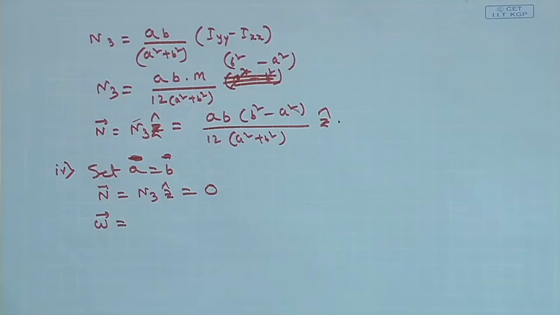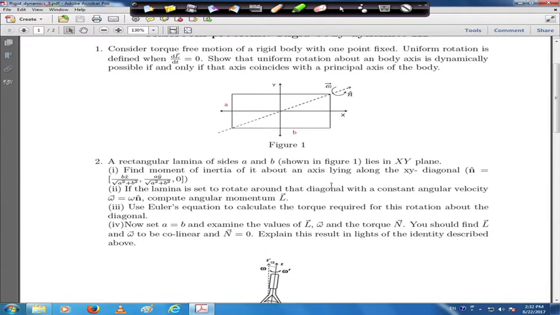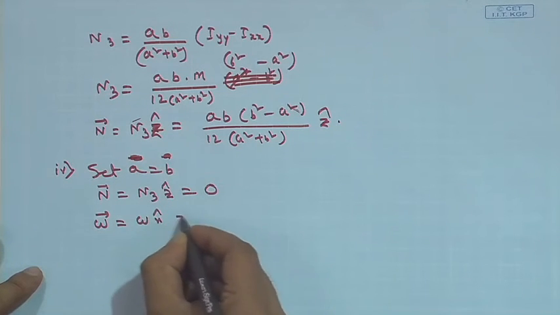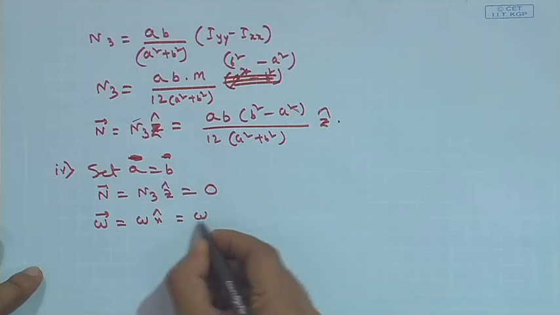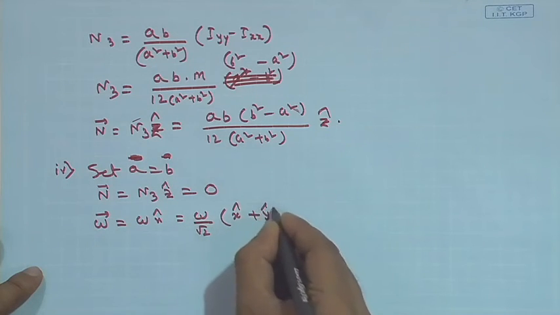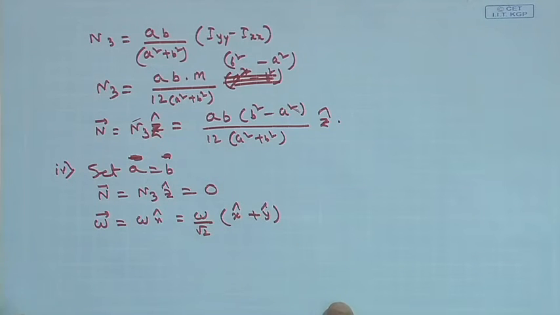In the expression of omega given here, if you put A equal to B, the first term will be A square plus B square, the second term is also the same, and A is equal to B. So after cancellation, your omega will be omega n cap, which will be omega by root 2 times x cap plus y cap. And what happens to your L?